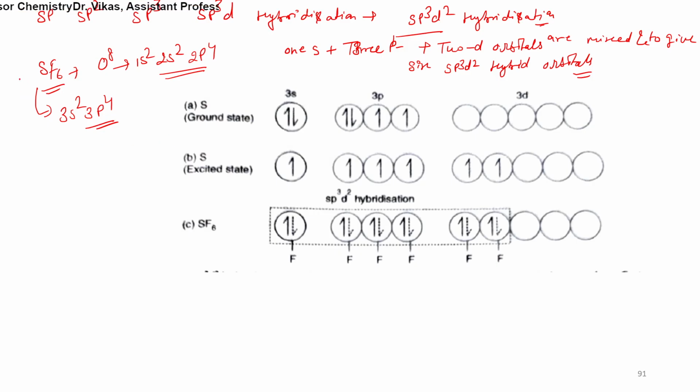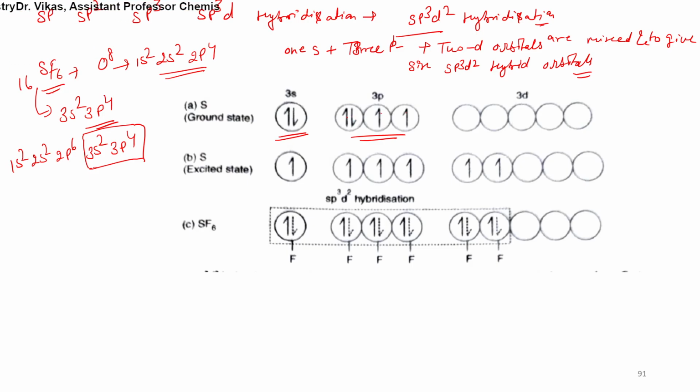Atomic number is 16, 1s2, 2s2, 2p6, 3s2, 3p4. This is the valence shell electronic configuration: 2 electrons in the ground state s orbital and 4 electrons in the p orbital.